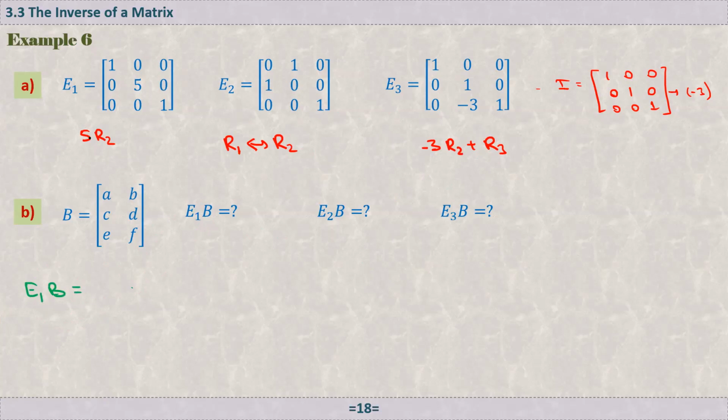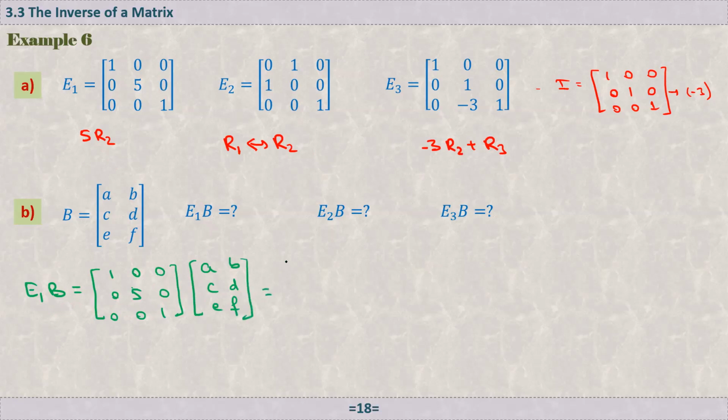E1 is where we multiply the second row by 5. And you will see that we will have the same effect. Maybe for the first one, you can just do this. Here we have 1 0 0, 0 5 0, and 0 0 1. And here we have the matrix A, B, C, D, E and F.